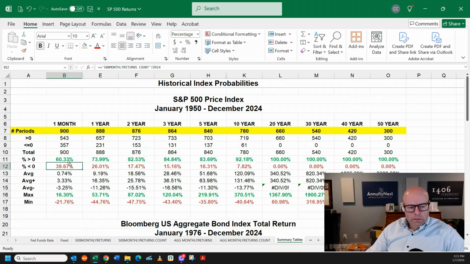I'd say 60% chance of success is not bad. 74 is not bad. I mean, 80 is better. I mean, at what point do you get comfortable?